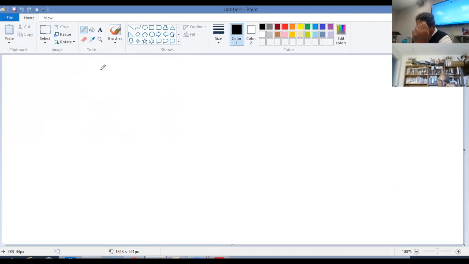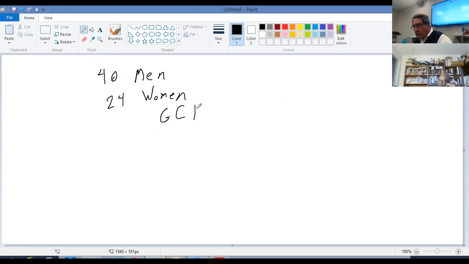So we have 40 men and 24 women. We want to divide them into teams of all male and all female, with exactly the same number of people on each team. We want the largest number of people we can place in each team. In other words, you want to find the greatest common divisor.